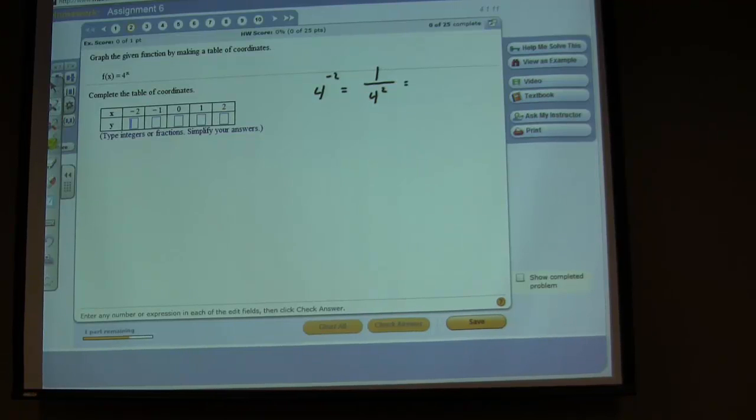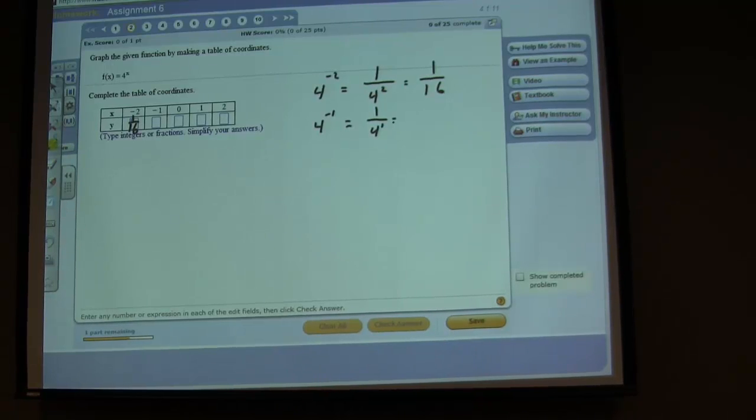But 4 times 4 is 16. So that's 1/16. Or when x is minus 1, I'm sorry, it's 4 to the minus 1 power. That would be 1 over 4 to the first power, which is 1/4.